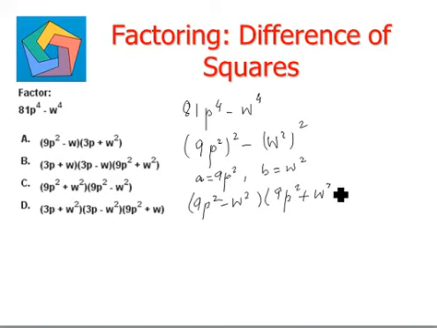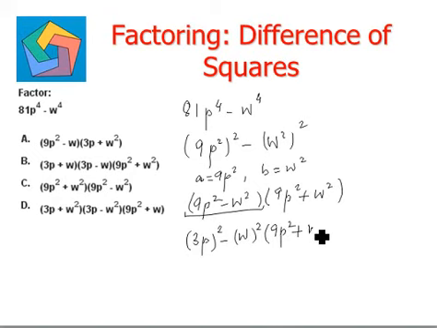Now we see the first parentheses can still be further factored because 9 is a perfect square and the powers are also even. So we write down 3p to the power of 2 minus w to the power of 2 times the second parentheses as it is. Now we'll apply the formula here again.